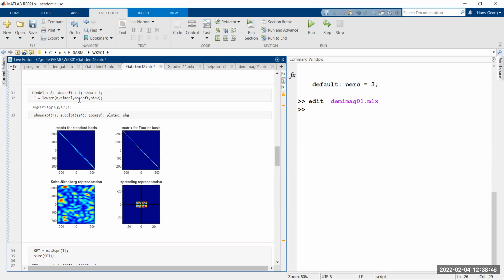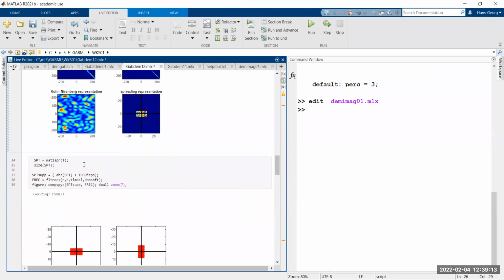So that's the rectangular filter. And I say, well, give me an operator which is a low pass or low frequency object in the spreading domain. What is the maximal time delay, which is 4 in my case, and what is the maximal in the frequency domain. And show equal 1 means I want to show you this picture.